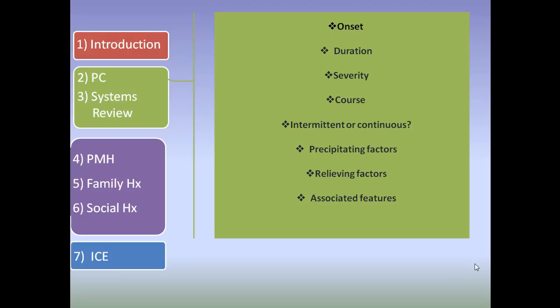When exploring the history of the presenting complaint, it's also important to ask about the general course and evolution of the symptoms, and whether they've been getting worse, improving, or staying the same. If a symptom has increasing frequency of occurrence, this could hint that their symptoms are getting worse, so it's important to ask how often they experience their symptoms.